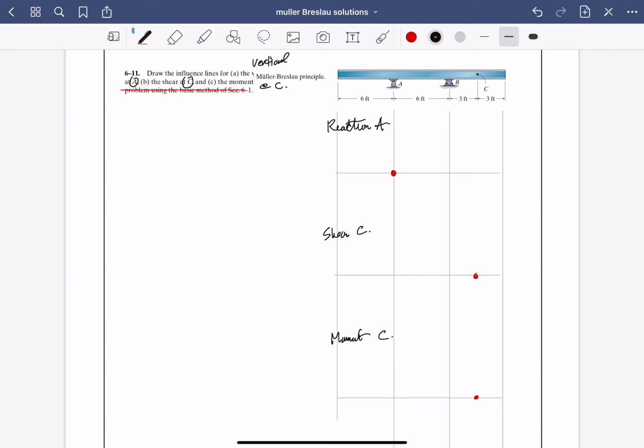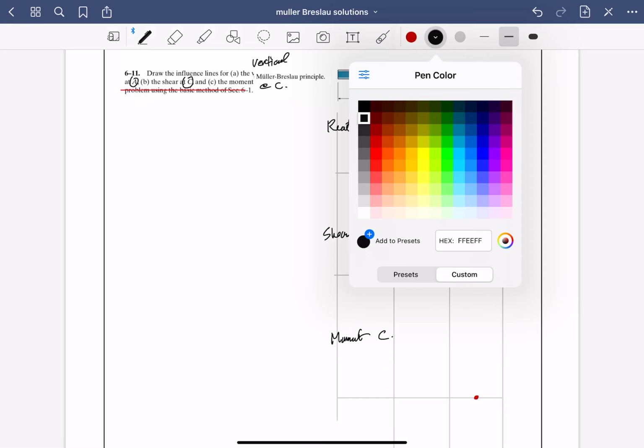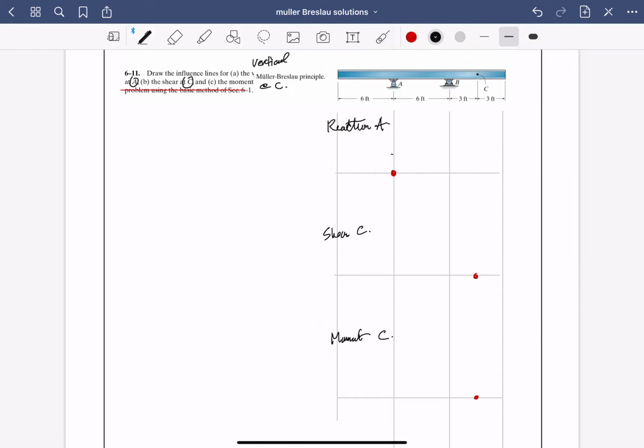So, reaction at A, it would mean that what we're doing is we're pushing up at A, and it's a unit load, up. So that's 1 unit load. And because this is a pin, it would look like that. And similar triangle says that that's 1, that's 1, that's 0, and that's going to be 2. Because if this is 1 and that's equal distance, we know that that's going to be 2.